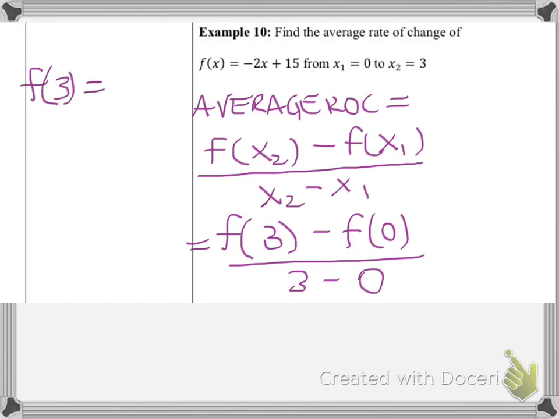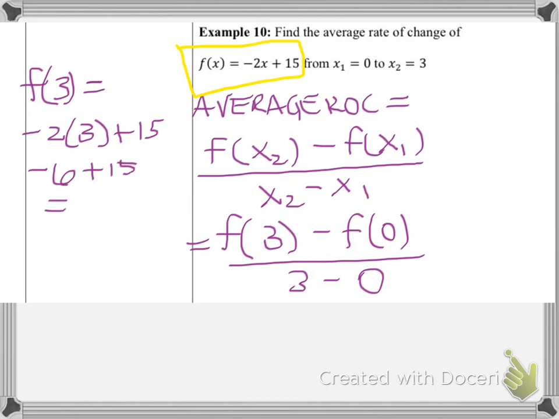And again, this is a function. 3 is my input. So wherever I see an x, because x is my input in the original function, I'm plugging in 3. So this is going to be negative 2 times 3 plus 15. That's negative 6 plus 15. And so f of 3 then is 9.